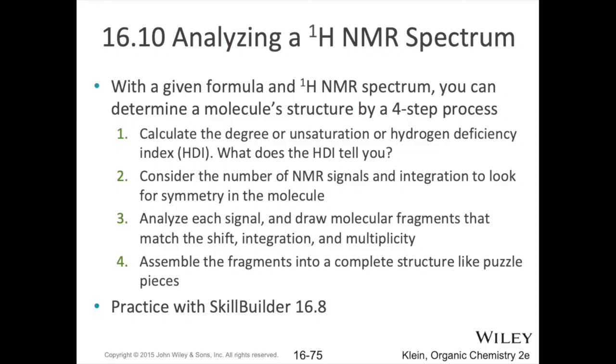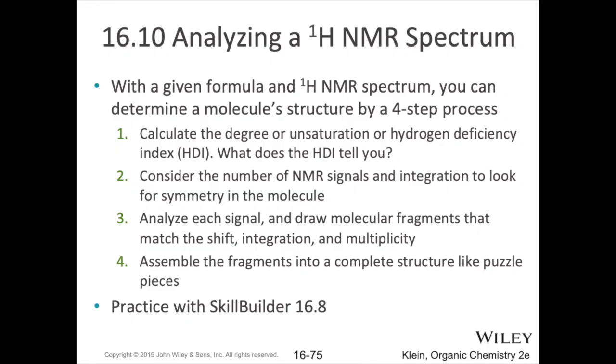Okay, so first of all, start off by asking yourself, how many degrees of unsaturation does it have? That's something we picked up in the last chapter, but that's really useful for determining things like rings or double bonds or triple bonds. That can go a long way towards helping explain the location of certain functional groups.